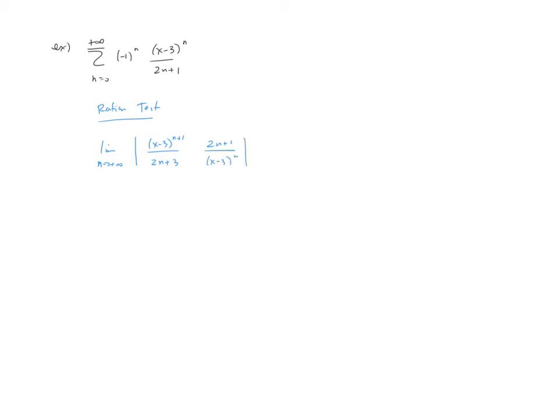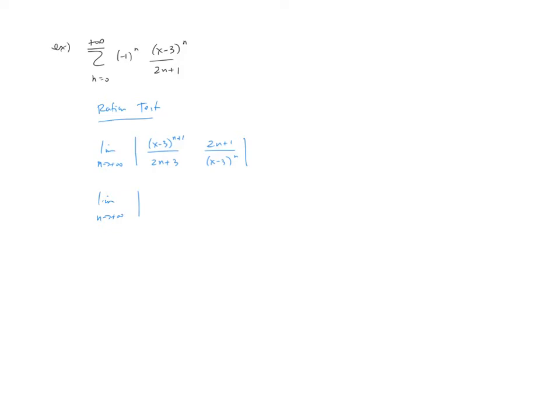And so again, I mentioned the absolute value bars would do away with this, but I still have them here. That's because of the x minus 3's. We don't really know what's happening there yet, so we still need to consider the absolute value bars to make sure we don't take any negative values. So when I go ahead and I simplify this now, I'm going to have the limit as n goes to positive infinity.